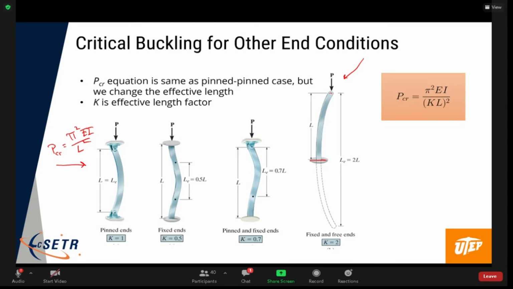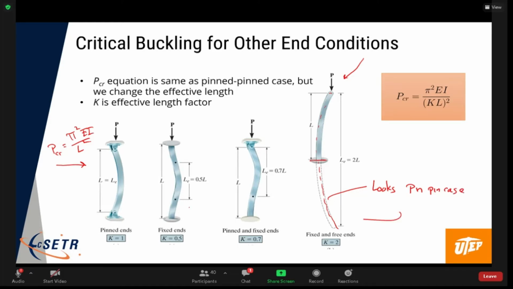So if you look at this closely, you might say, okay, look, if I were to reflect that about the fixed point, this curve here looks like the pinned case.